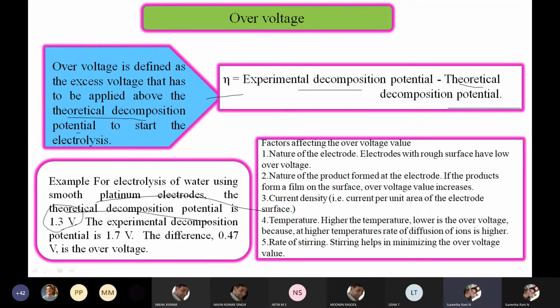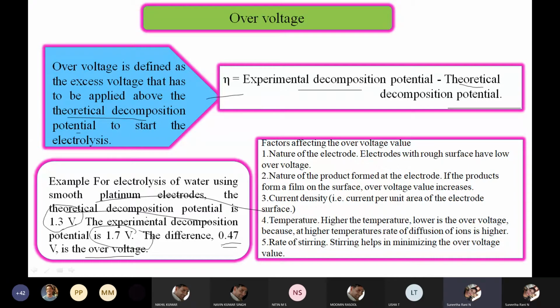When you do it experimentally, the decomposition potential measured during experimentation is 1.7. So the difference is 0.4 volts. This 0.4 volts difference is the overvoltage. This much excess voltage applied is called overvoltage.